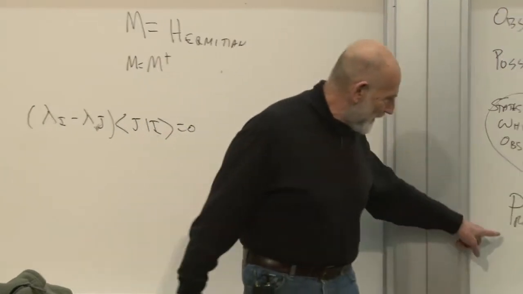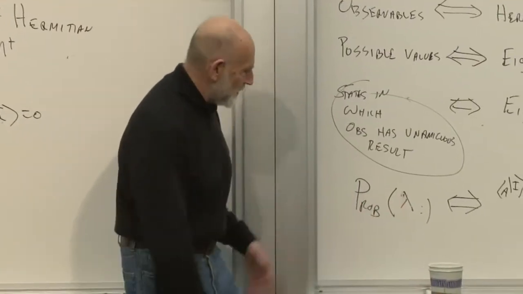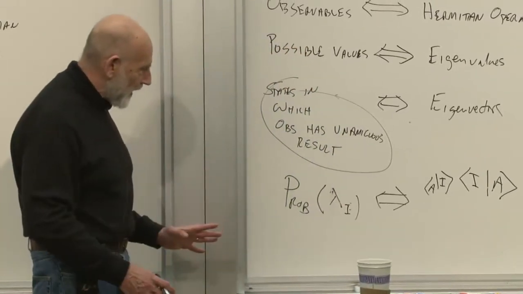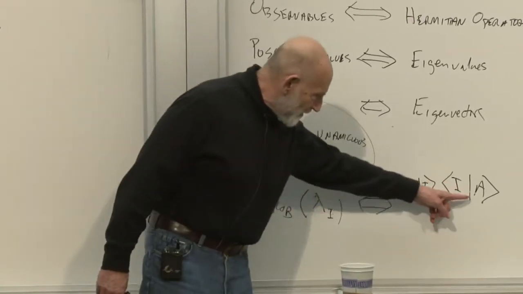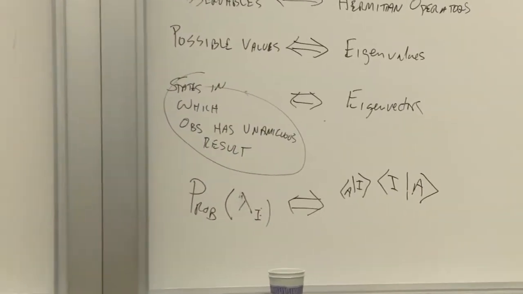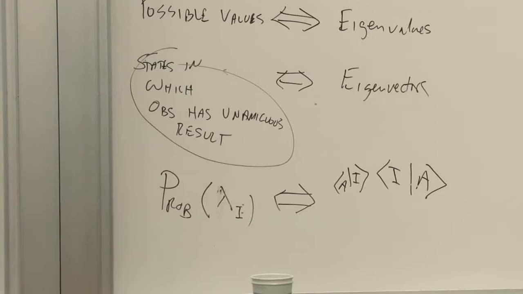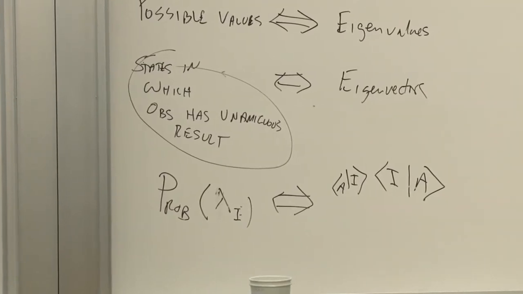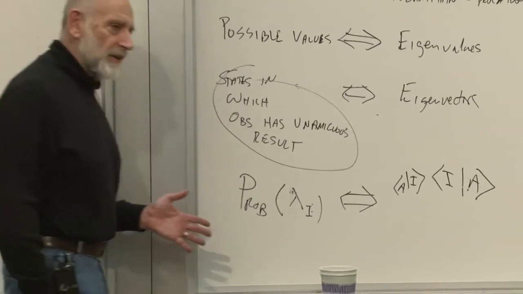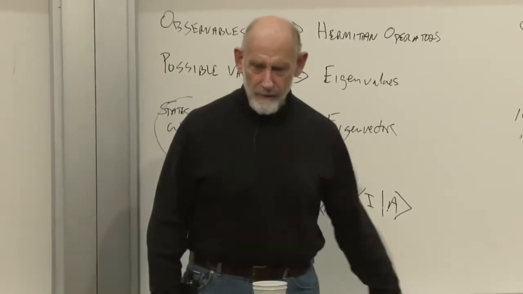This reads the probability of measuring lambda I. The probability of measuring lambda I is the square of the inner product of A with I. It's, if you like, the projection of A onto the Ith direction, or the component of A in the I direction.